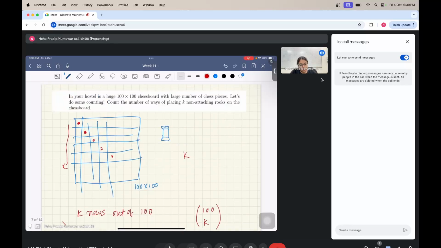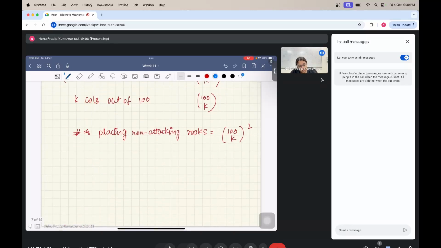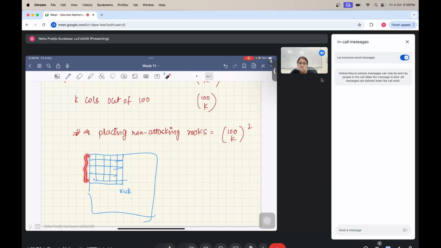So the point is that we have eliminated some part of the checkerboard, and we now have a nice k cross k checkerboard where I'm going to place them. But this just tells me that these are the rows in which the rooks are going to appear, these are the columns in which the rooks are going to appear, but it does not tell me for this choice of row which column I should place the rook in.